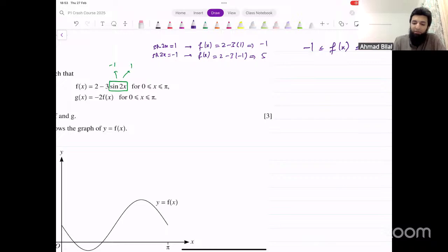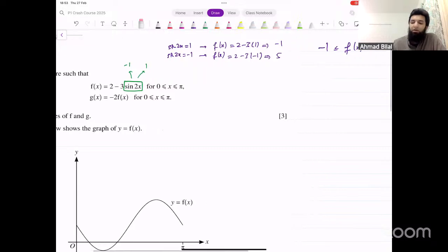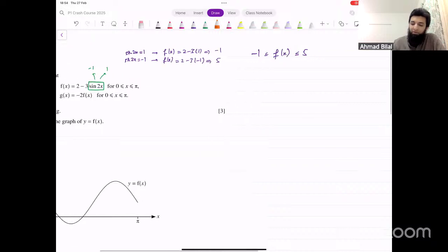Now they're saying find the range of g of x. What about the range of g of x? G is -2 times f of x. One way to do that is you have the range of the f of x function, and you multiply these numbers by -2. So you have -1 as one extreme value and 5 as the other.